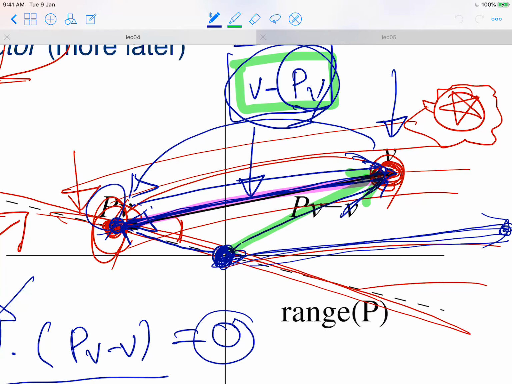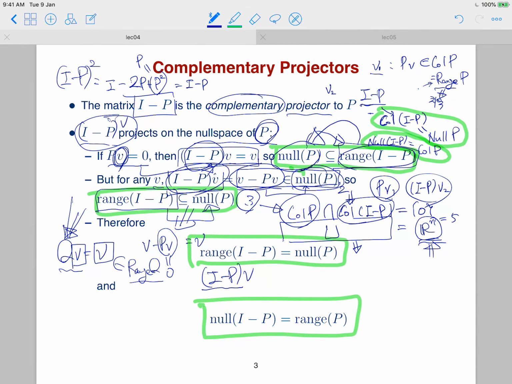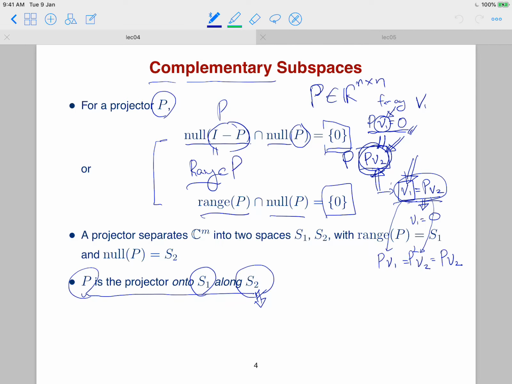And that is our S2. What is S2? S2 is a subspace, and this subspace is actually the null space of P and also the column space of I minus P. I keep emphasizing the same thing from slightly different perspectives.